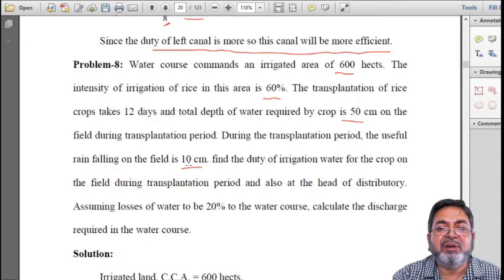Now what is the benefit of this transplantation? The benefit is the increased yield. The yield of the crop increases by this method, and this is applicable for some crops, not all the crops.